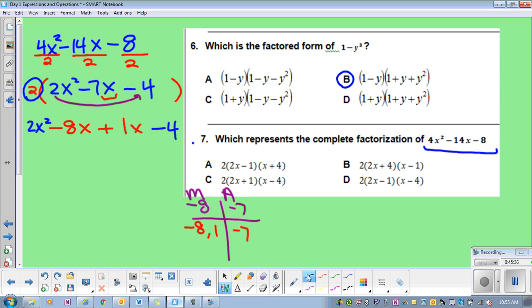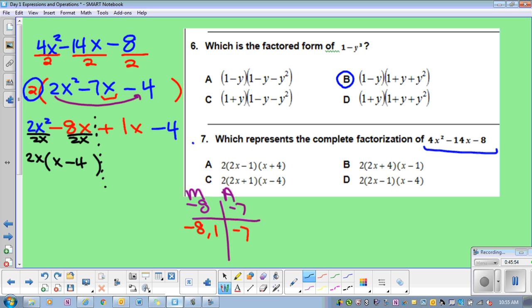Now you can factor by grouping. On the left-hand side, your GCF is 2x, and then you have x minus 4.